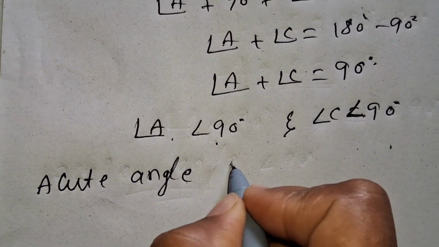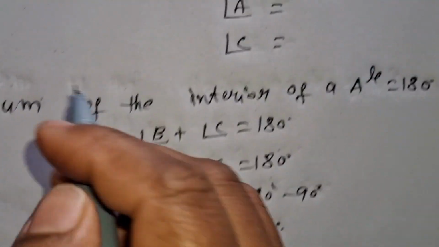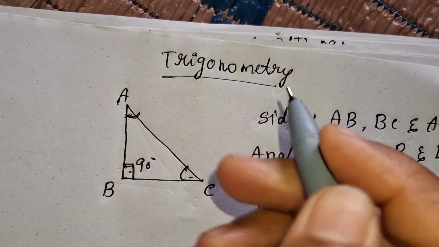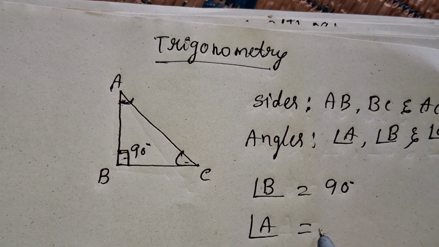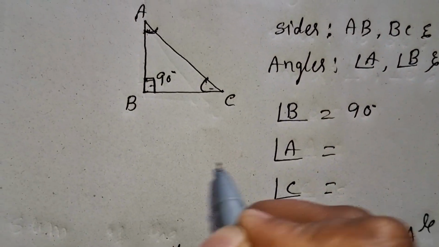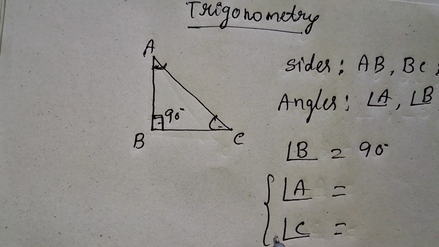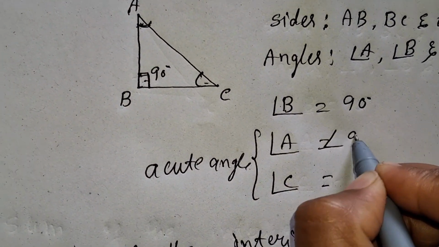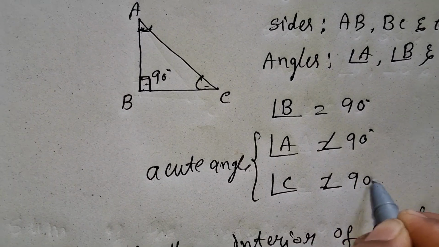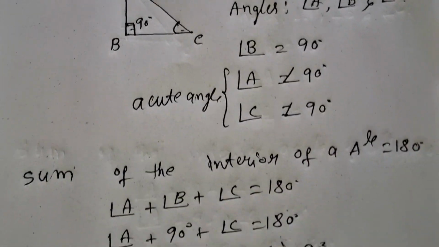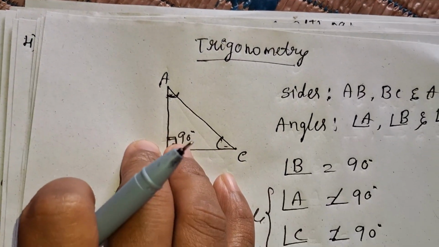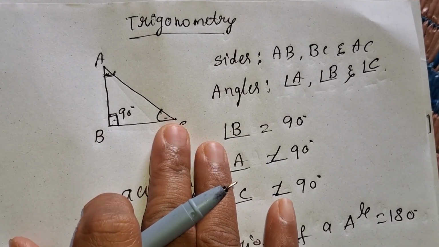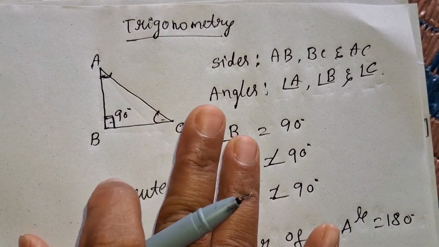Angle B is the right angle, and angle C and angle A are both acute angles, because each is less than 90 degrees. This is the concept of the right angle triangle. I think all are understood.